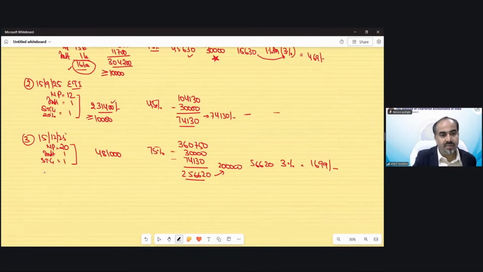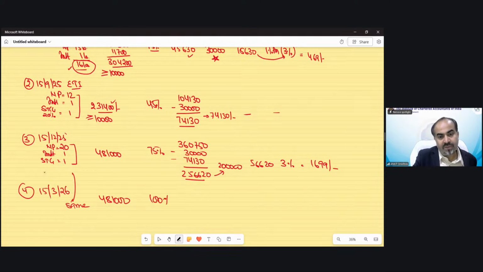Now the last, the fourth date of installment, 15th of March 2026. Now suppose the estimated income remains the same. So my tax liability again would remain the same.